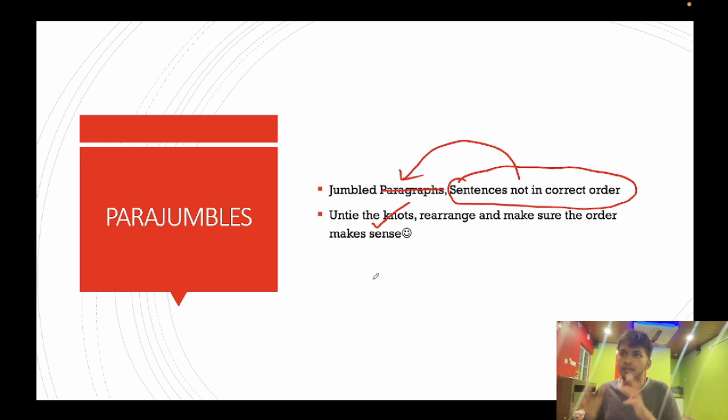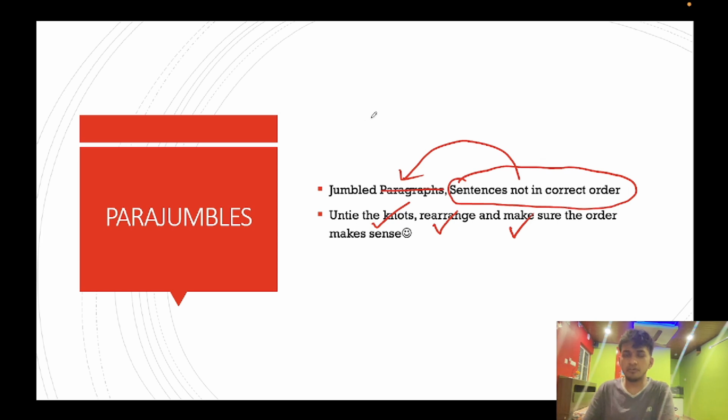Okay, so deciphering that part is what I refer to as untying the knots. Then you rearrange the sentences to fit that particular conception of yours. Then the third and most important thing is once you're done with the arrangement, you make sure that the order makes sense once again.